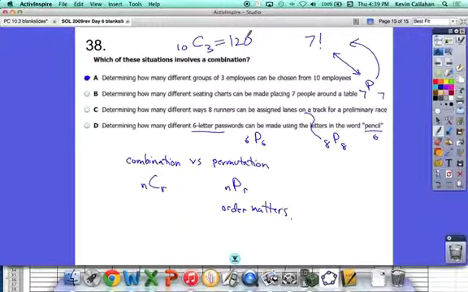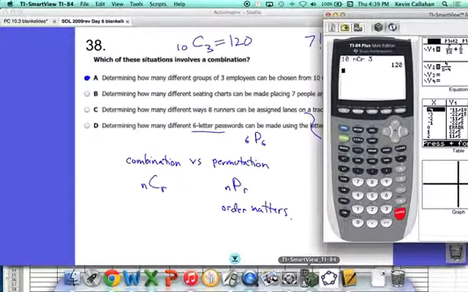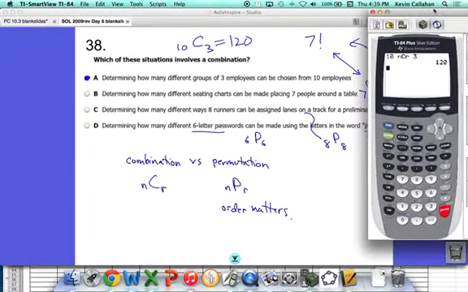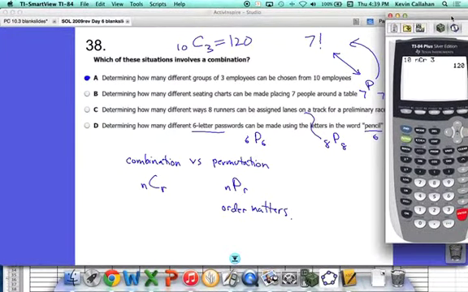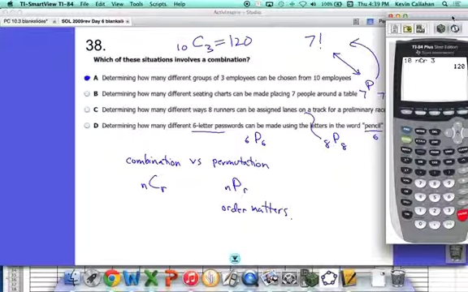Now let's just show, just for fun, that whether you use 7 factorial or 7P7, it is going to give you the same thing. First I'm going to do the 7 factorial. 7, math, PRB, 4. Enter. 5,040. Now let me try 7P7.